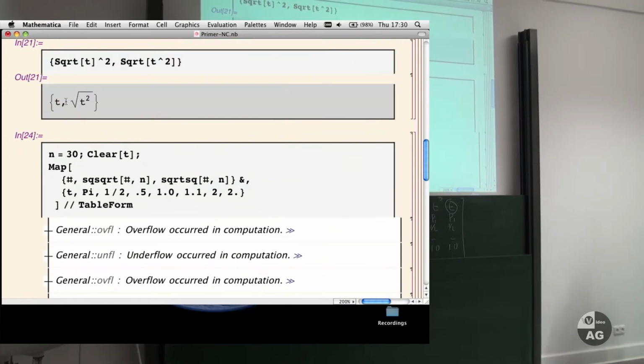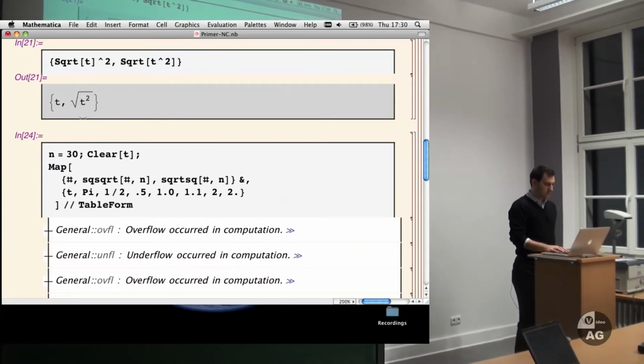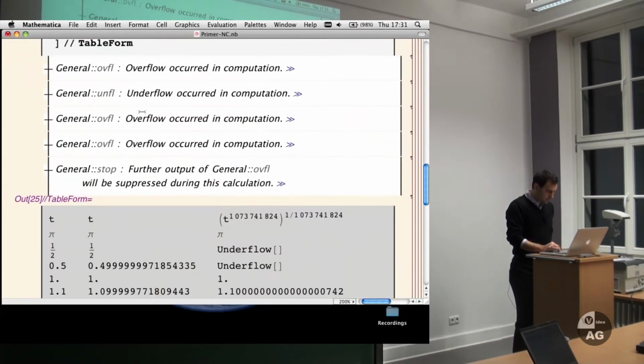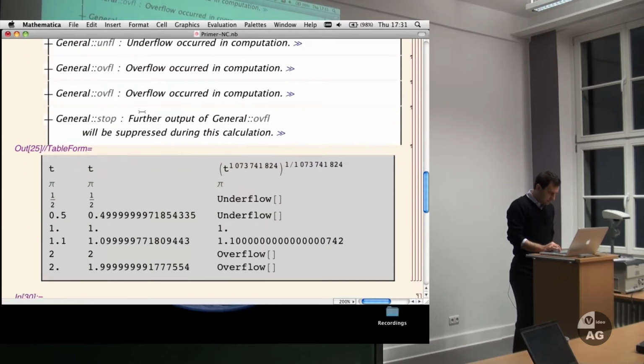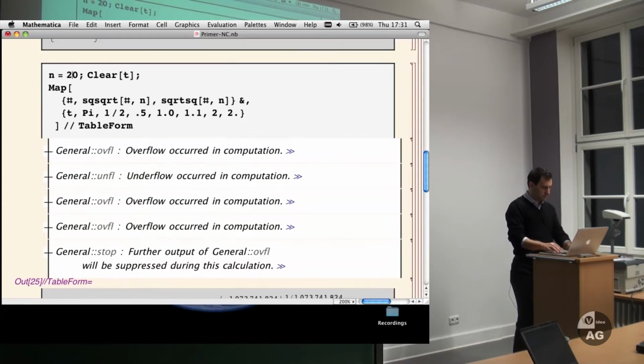Yes, so when you give an integer instead of t, how come it doesn't leave it in that square root form? Where do you see that it... you mean here? Even when it's not in the overflow or underflow mode, it will still output 2 and not square root of... Is it?